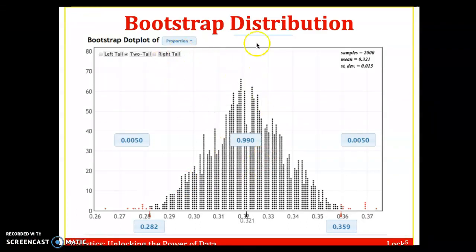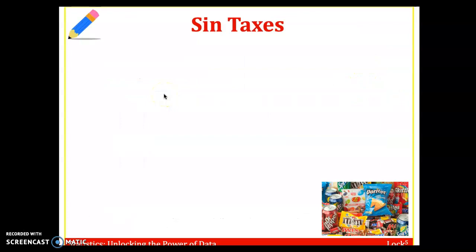All right, well, here is the bootstrap distribution I just showed on StatKey. I took a screenshot. The standard deviation is the same, rounded to 3 decimals at least. Notice we've got a normal distribution, a nice bell-shaped distribution. There's your standard error, 0.015.